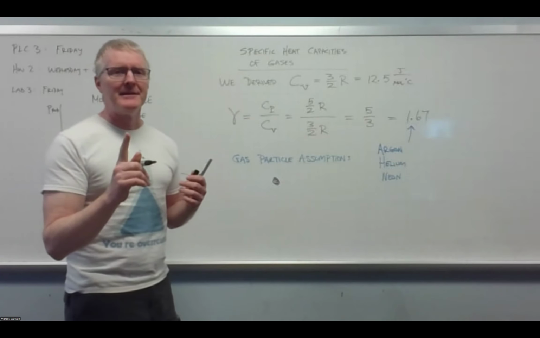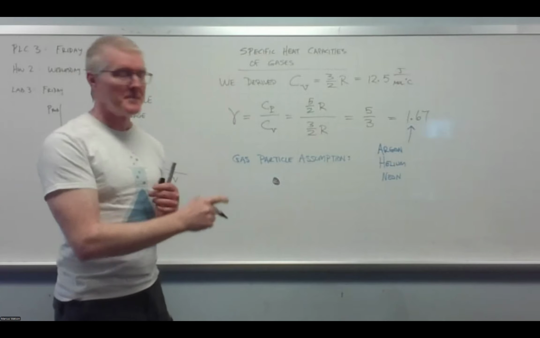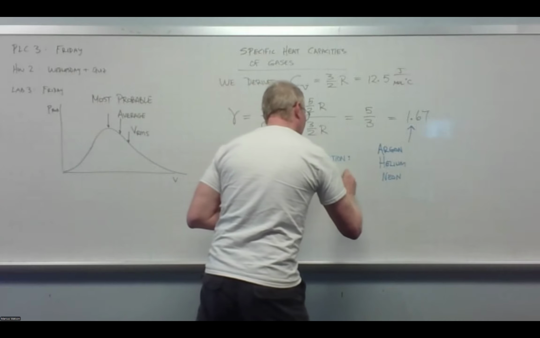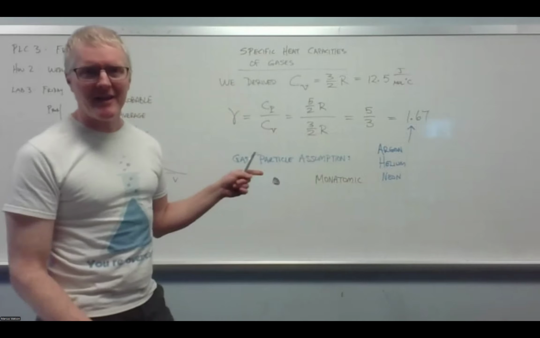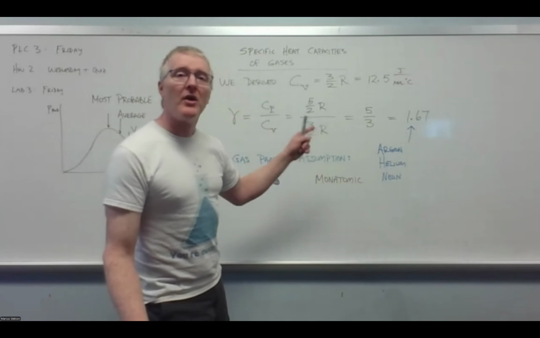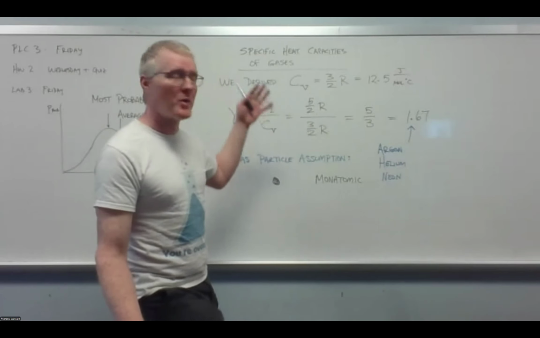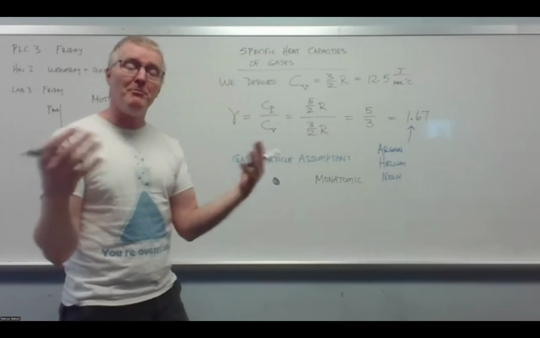But not all gas molecules look like this, do they? This is what's known as monatomic. And this is why the noble gases are so good at reproducing this particular analysis. This is why we modeled them well, because they don't bond.